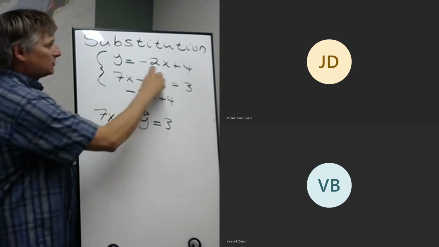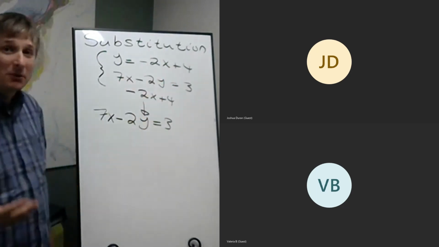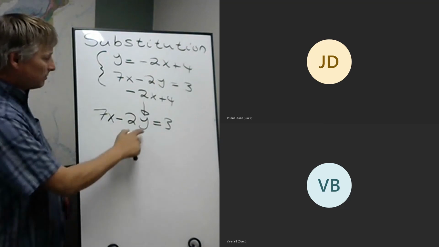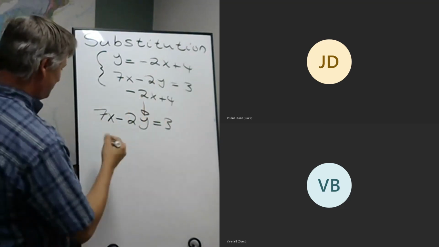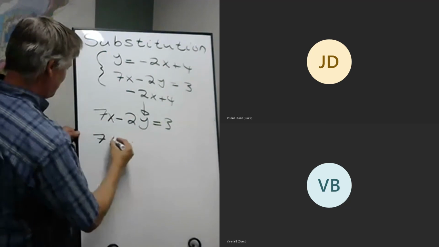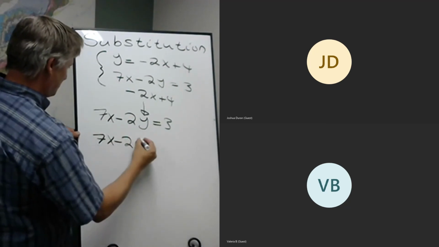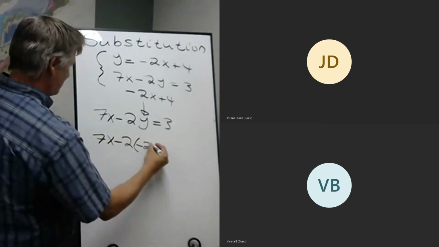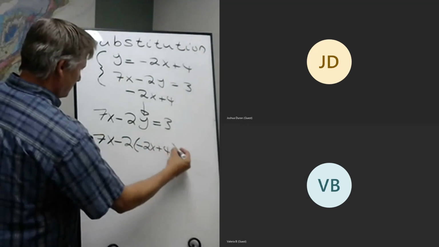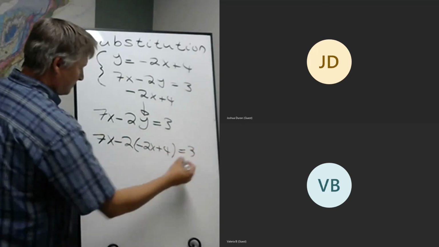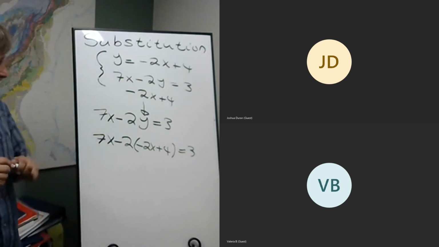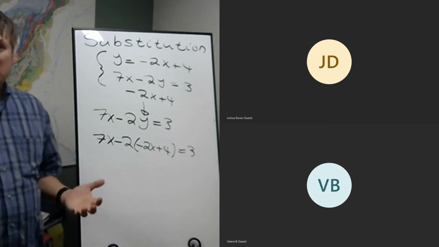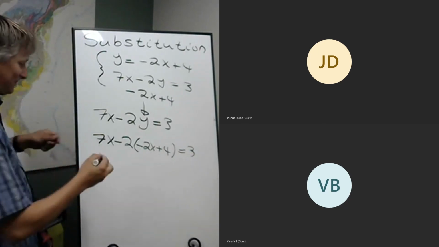Well, y has an alternative identity in terms of x. So we can replace y with this. And this is what's called substitution. So now we just got to solve for x.